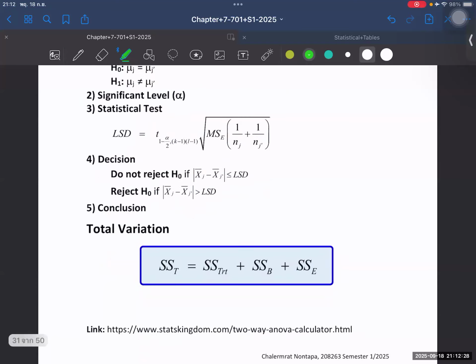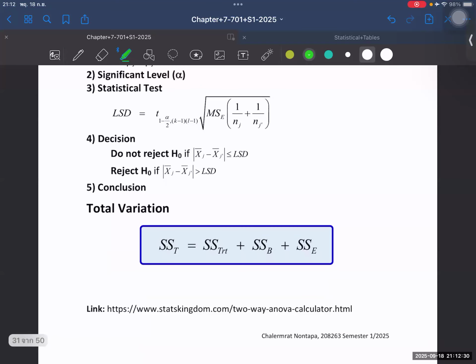And I want to say about the total variation, okay? The total variation of the two-way ANOVA comes from what? It comes from the sum square of the treatment, the sum square of the block, and the sum square of the error.